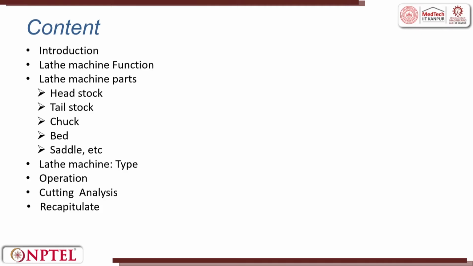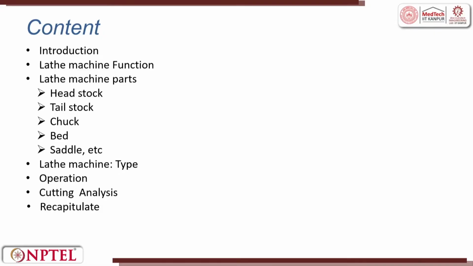So, in the content of the lecture, we will have an introduction, followed by it we will have basic functions of lathe machines. And when we talk about a machine, the machine will have several subsystems.